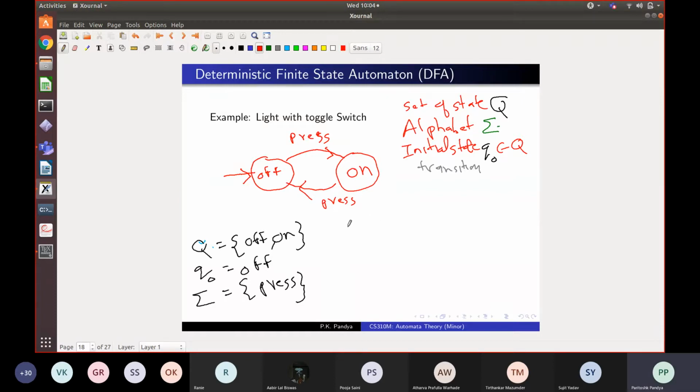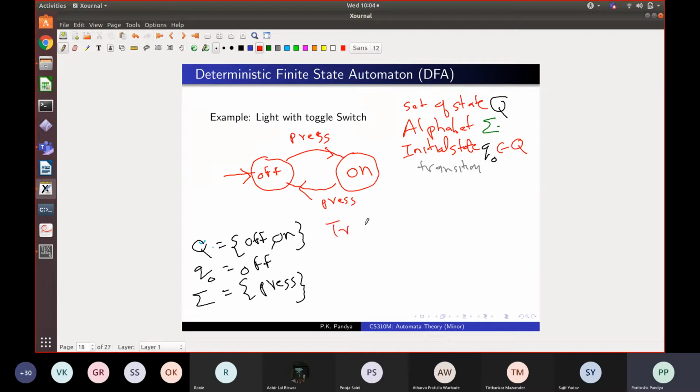So how do we model the transition of the system? A transition is a set of arrows where each arrow consists of the source state. Let me write it down here.